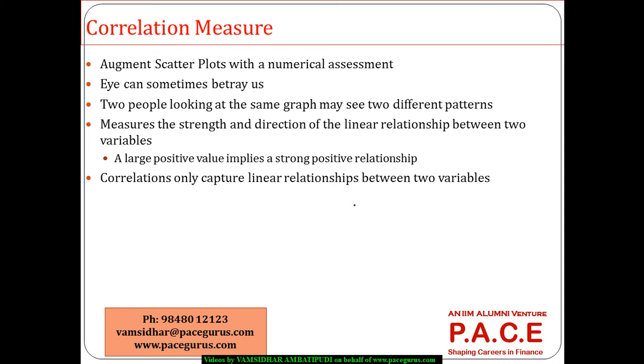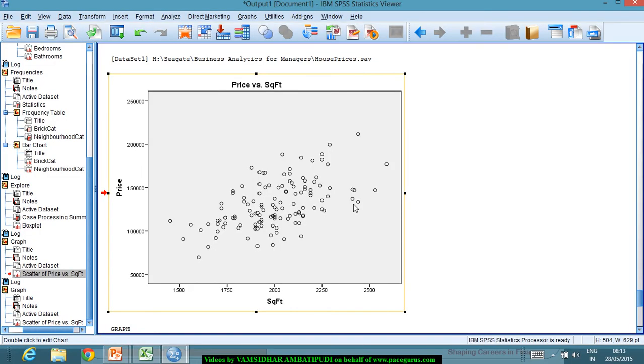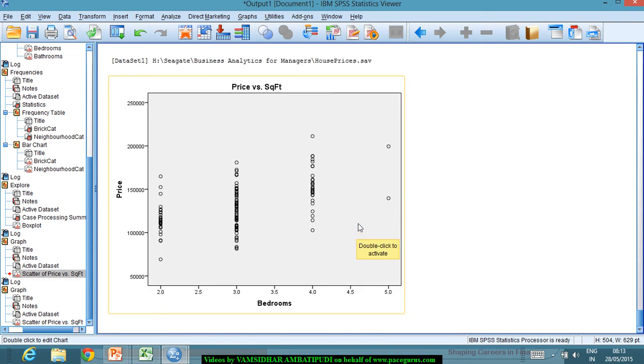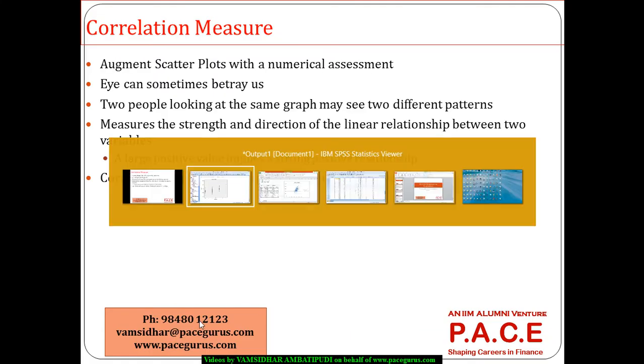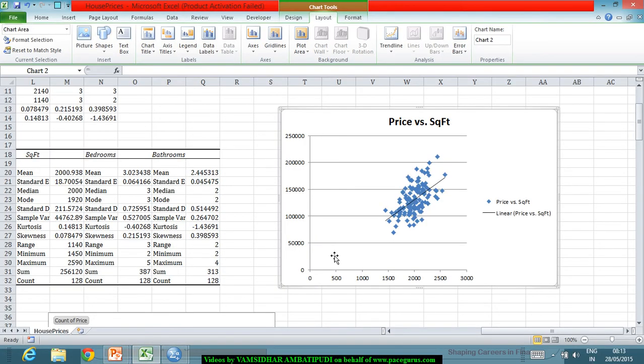Now, just to support it, along with the scatter plot I want a numerical assessment of the same. How strong is the relationship? It's positive: as the square feet area is increasing, the price is also increasing, fair enough. But what is the strength?